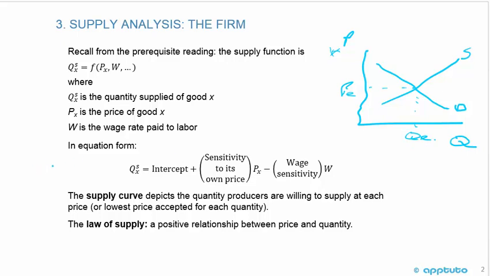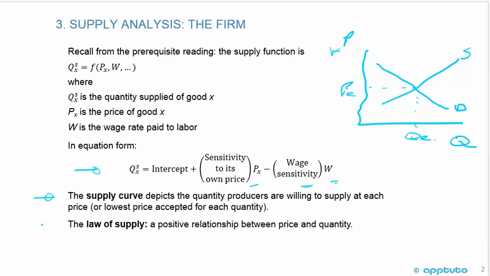So just getting back to the equation with regards to the supply curve, the quantity supplied equals the intercept plus the sensitivity to its own price times the price of X minus the wage sensitivity times W, okay? So the supply curve depicts the quantity producers are willing to supply at each price, or the lowest price accepted for each quantity.